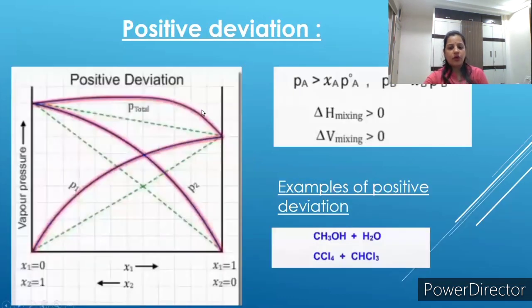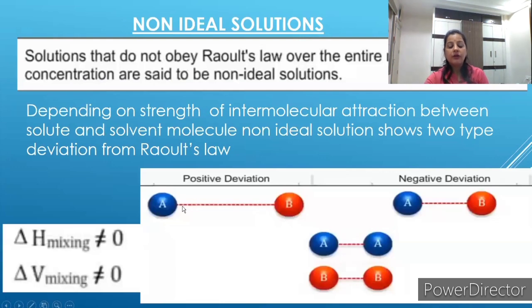In positive deviation, what is happening? We know that three types of interaction take place when two liquids are mixed: AA, where molecules of one liquid interact among each other, BB, where molecules of the second liquid interact among each other, and AB, where molecules of liquid 1 interact with molecules of liquid 2.